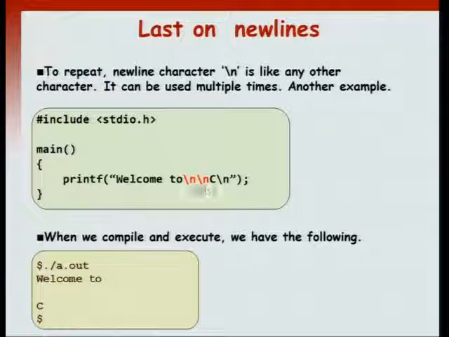Okay, so I have repeated occurrences of \n in the same message. What it will do is it will print the message welcome to, then it will print a new line, and then it will print another line, and then it will print C followed by a new line. Okay, so when you run the program, you will have welcome to, new line, then a blank line, then C, and then another line.